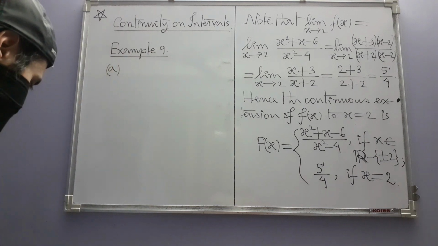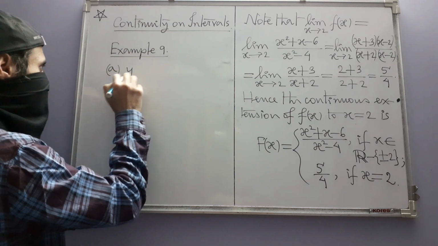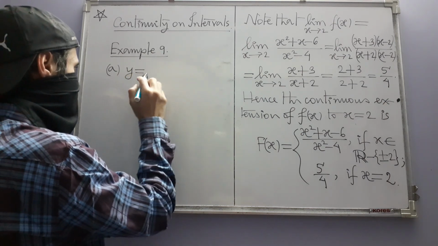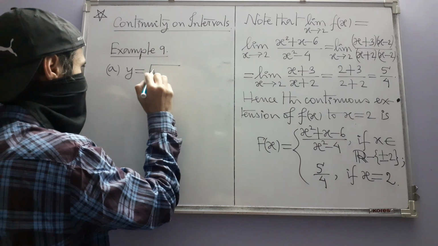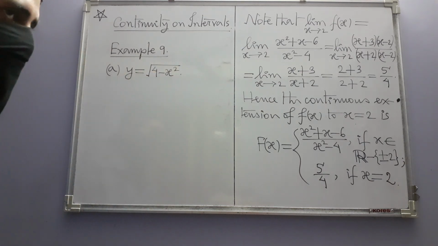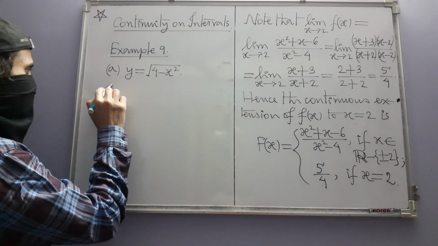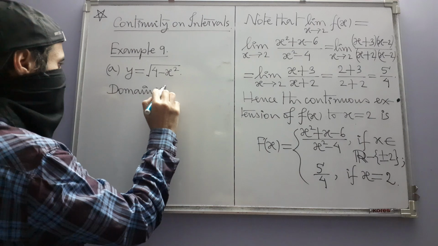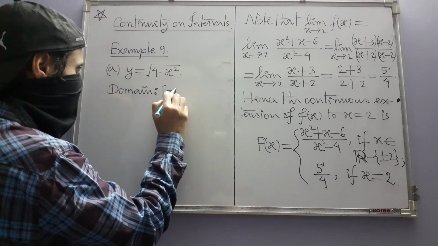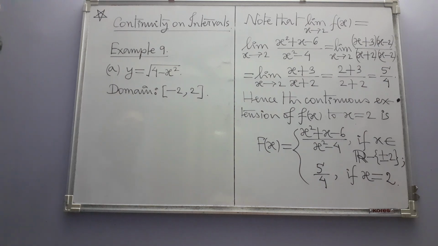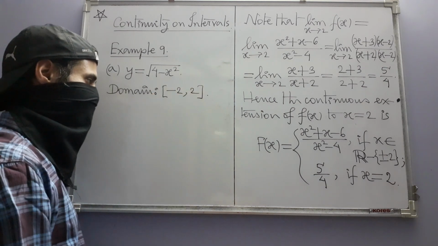The first one of them is this. It is the square root of 4 minus x square. The author is not writing it as f of x, but it's the same thing. We know what its domain is; we have seen this many times already. The domain is the closed interval -2, 2. And in fact, we also know how its graph looks.